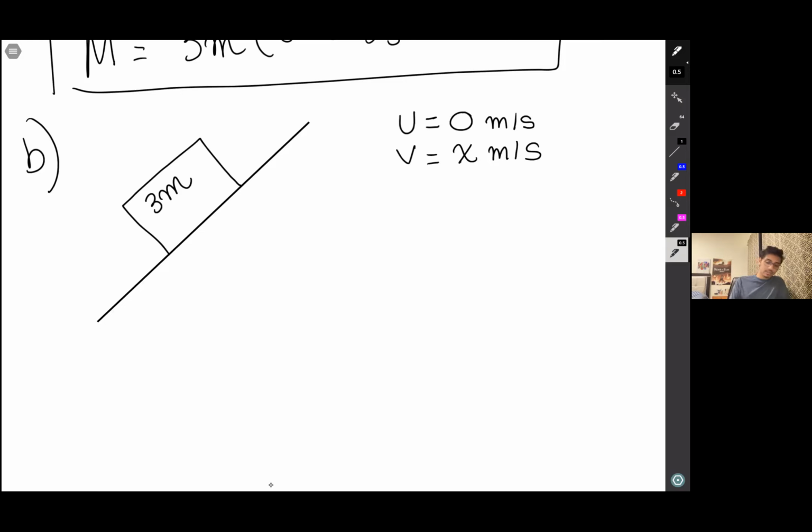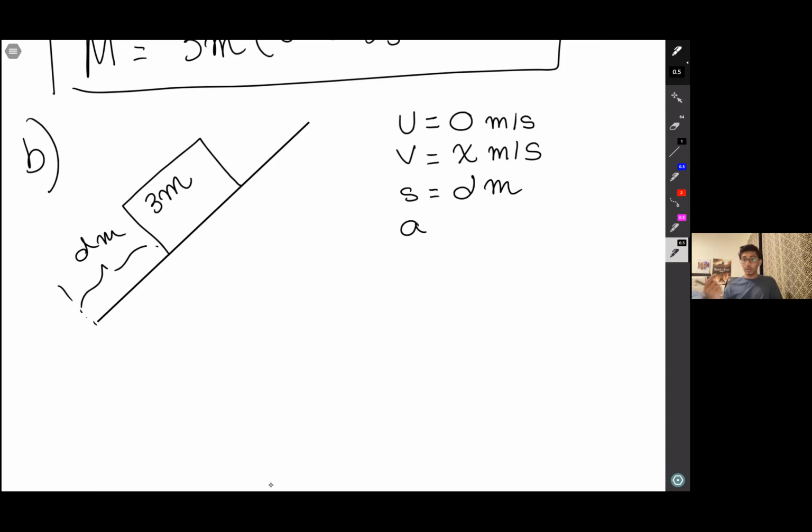Now, we do have distance. The distance it falls is d meters. So s is equal to d meters. Okay, we have u, we have v, we have s. We could also find the acceleration using Newton's second law, a. Now let's try to find out what a is.